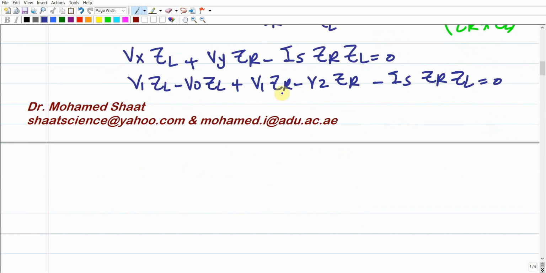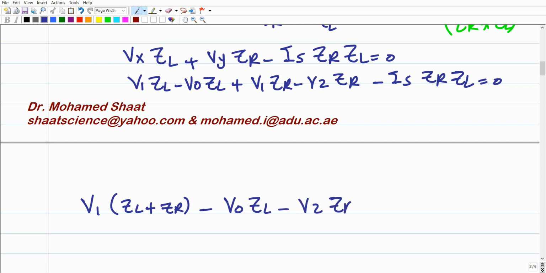Do more simplification, try to collect the node voltages that we are seeking in one term. We do have V1 and V1 here, so collect them. So we end up with V1 times (ZL plus ZR), minus V0 ZL, minus V2 ZR, minus Is ZR ZL.